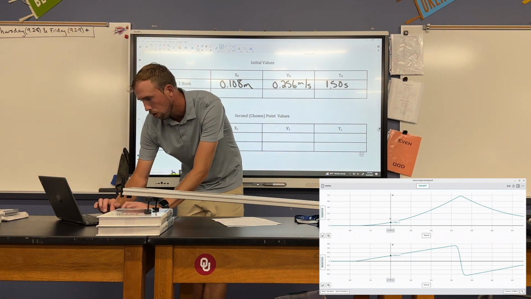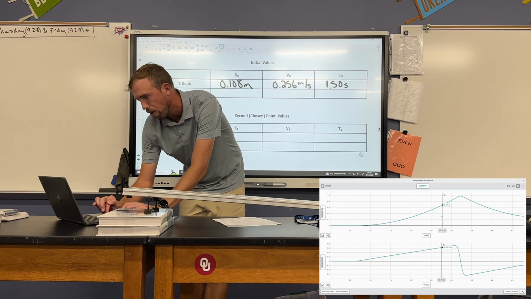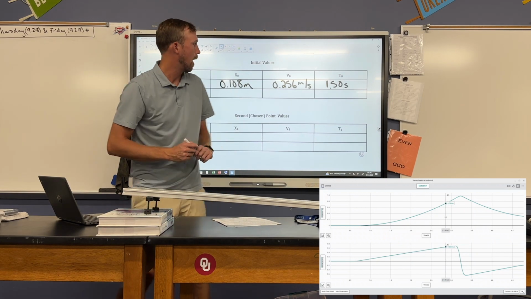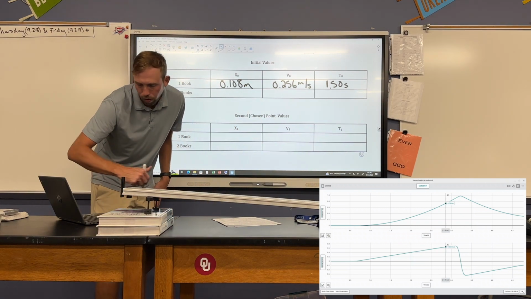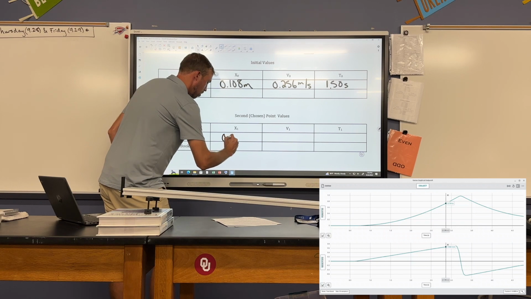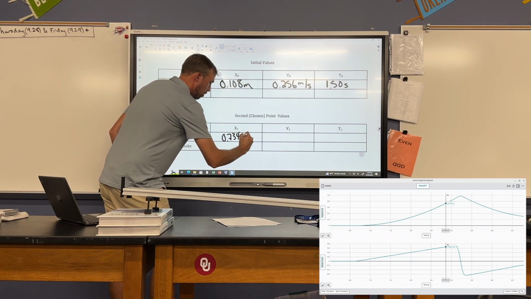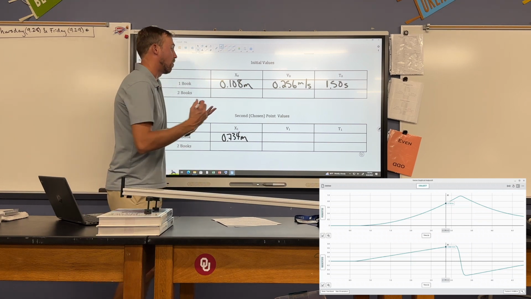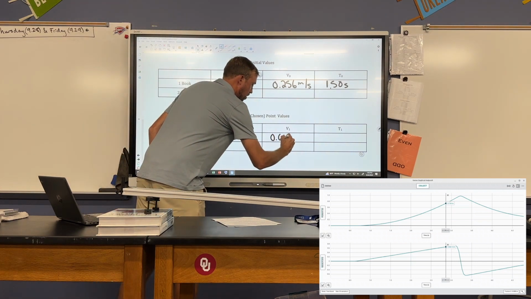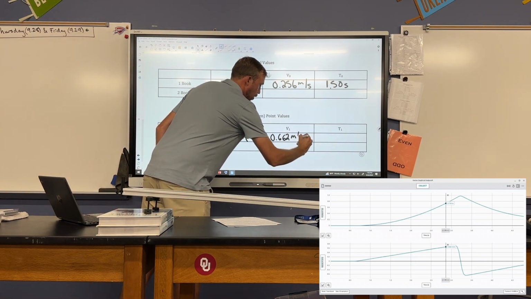Okay, I'm going to scroll to another point. As long as it's prior to the cart hitting the wall, we're good. So we'll go about here. My next position is 0.734 meters. And then my velocity at this point is 0.662 meters per second.